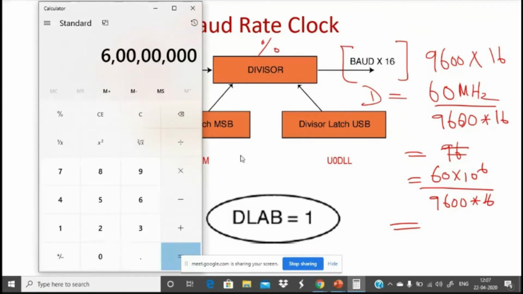So this is 60 MHz divided by 9600, and this again divided by 16. That gives 390.6, which can be rounded to 391.